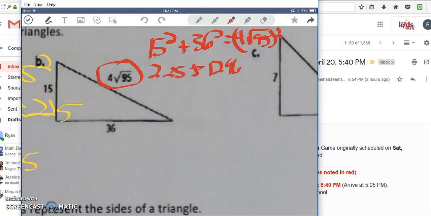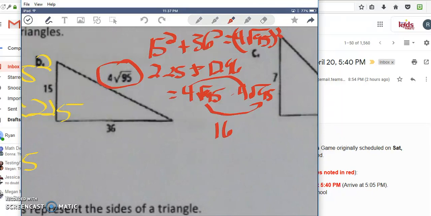And then we have 4 radical 95 squared. Remember how we talked about that before? You can write it twice. Outside times outside, inside times inside. Outside times outside is 16.